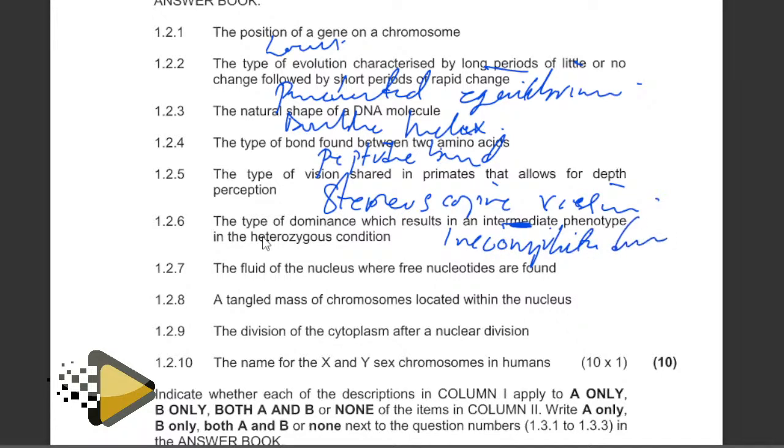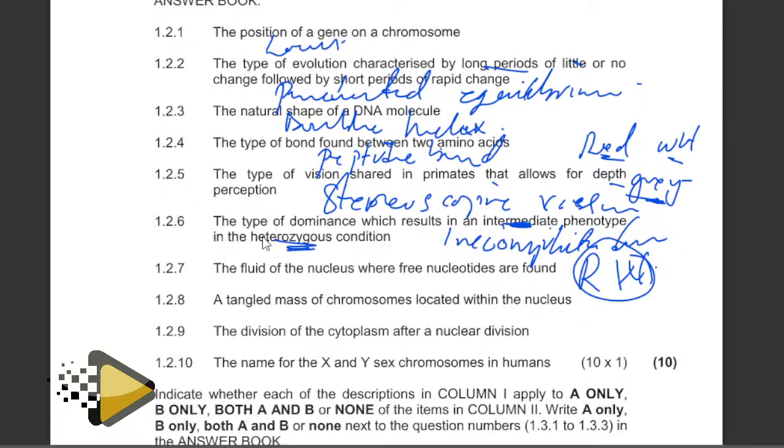Remember, you form, for example, capital R and capital W, meaning that if you have maybe red and white, you produce maybe gray, whatever. An intermediate, not red and not white. So that's what they are talking about. Because it is in this form, therefore it is in heterozygous state, different letters. We go to the next question.